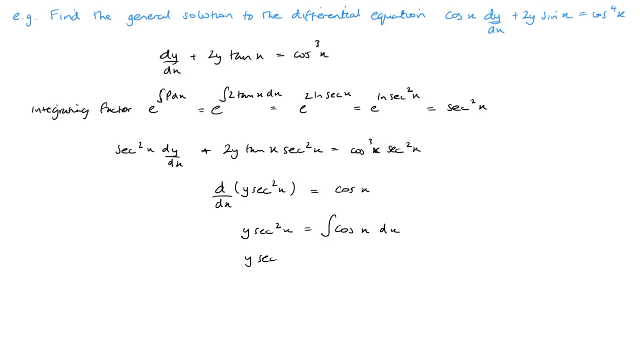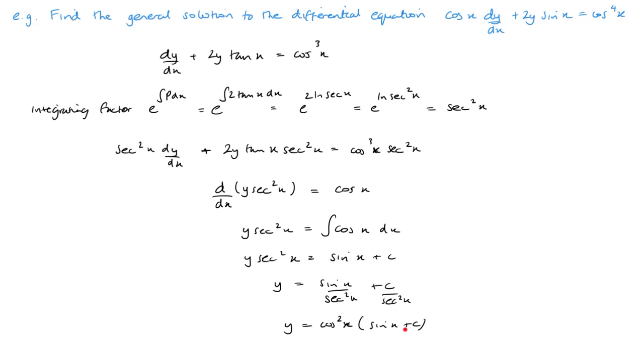And we get this. Now cos differentiates to the negative sine, so it integrates to the positive sine. So y sec squared x equals sine x plus c. Or I could write y equals sine x over sec squared x plus c, or I could write it as sec squared is cos squared x, and that's cos squared x times sine x plus c, like that.